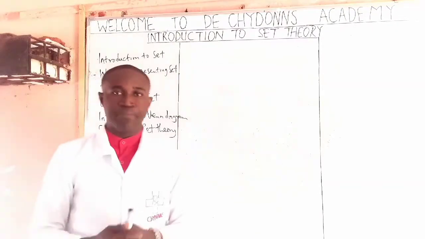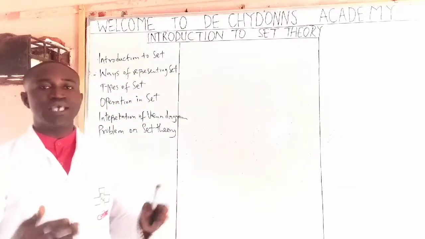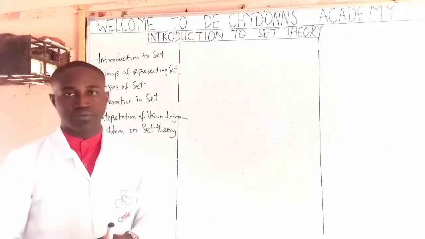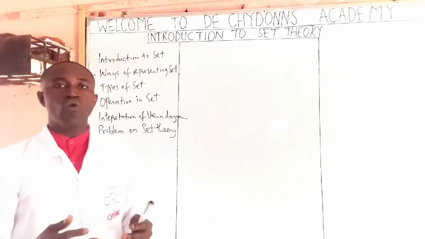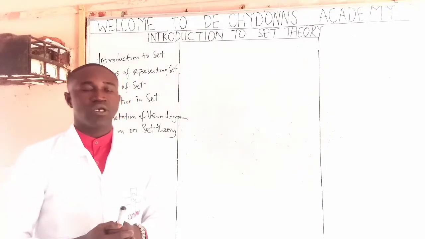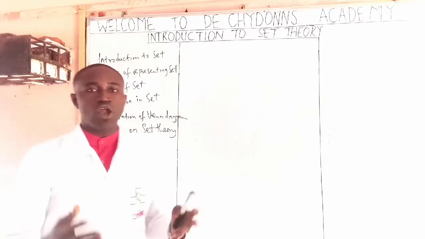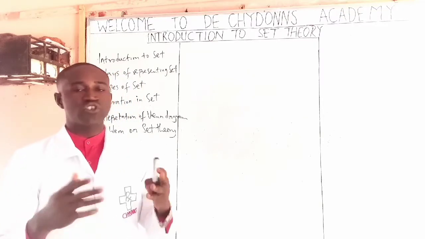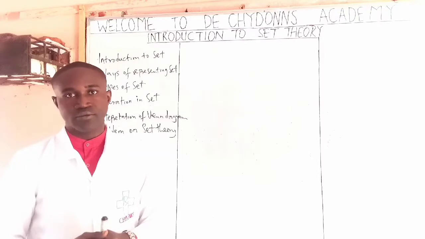What does set mean? Set simply means a collection of well-defined objects. What do we mean by a collection of well-defined objects? It simply means a collection of objects, items, things that have something in common.